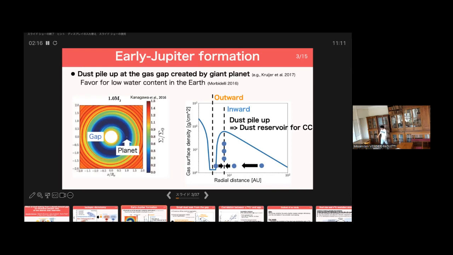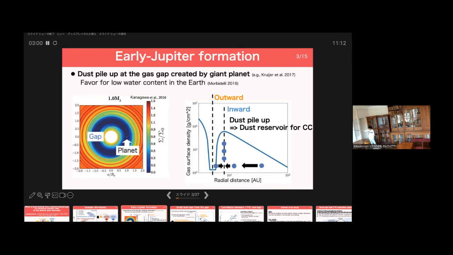Here is the gas gap. This gap creates structure in the gas disk, and this is important for dust dynamics because this structure changes the motion of dust particles. Without the gap, dust particles drift toward the central star.